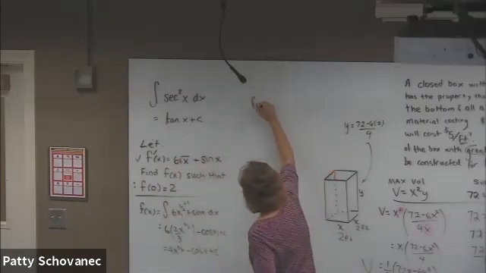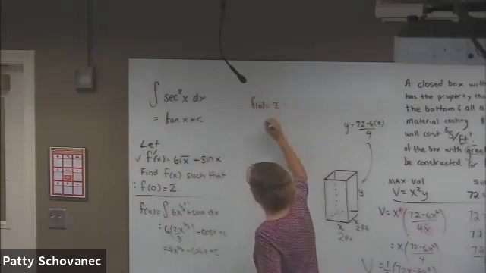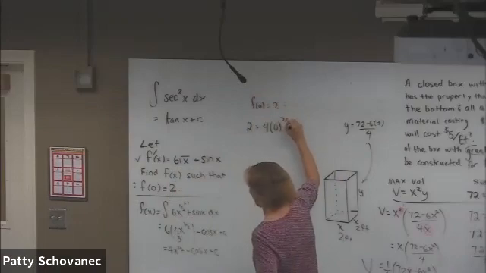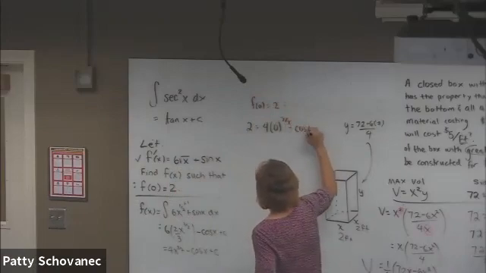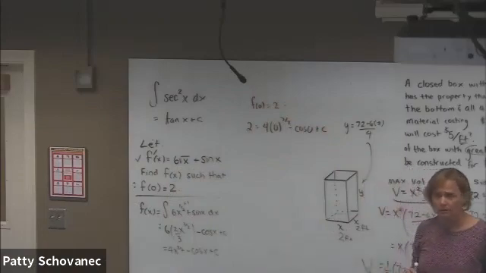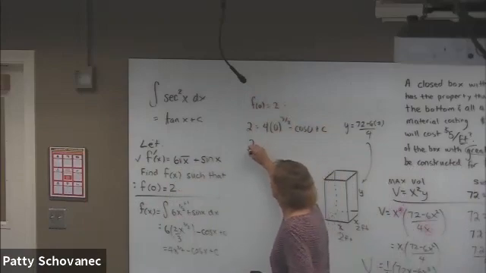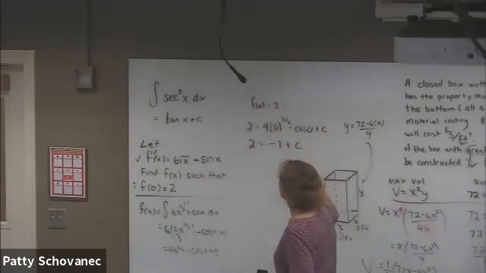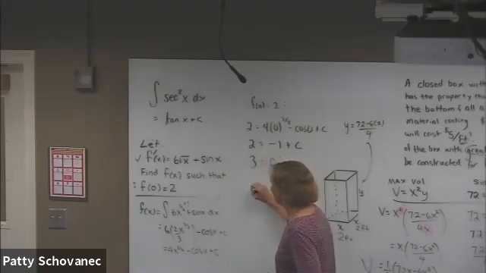So f at 0 is 2 gives us 2 is equal to 4 times 0 to the 3/2 minus cosine of 0 plus c. Cosine of 0 is 1, and 0 to the 3/2 is 0. So that says c has to be 3. And now we have f of x to be this, where c is 3.